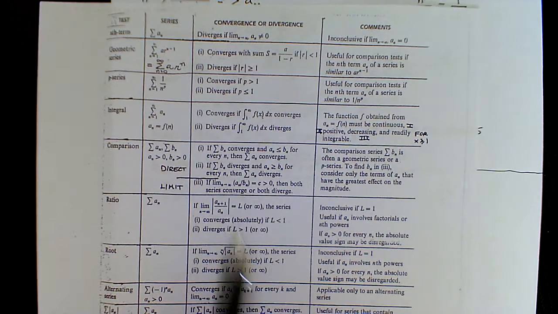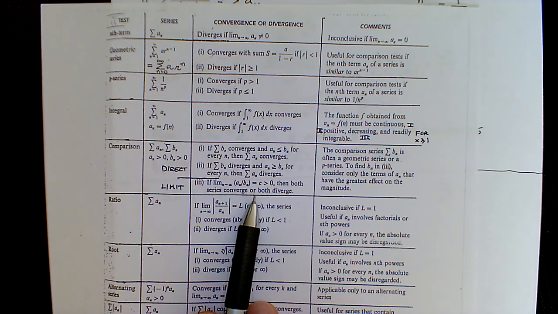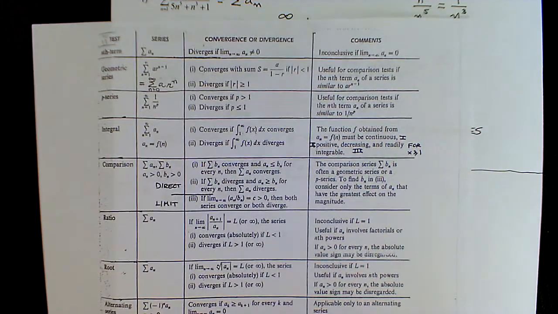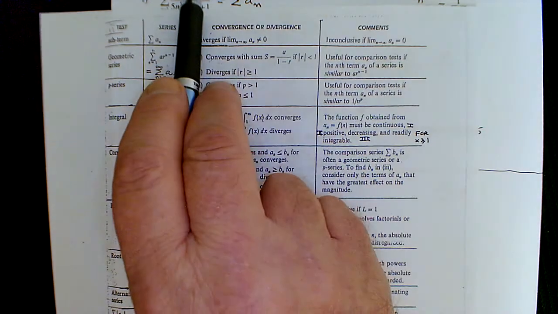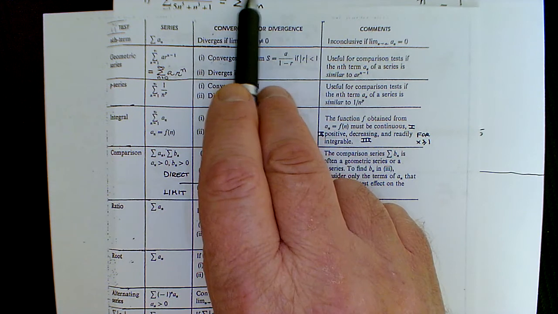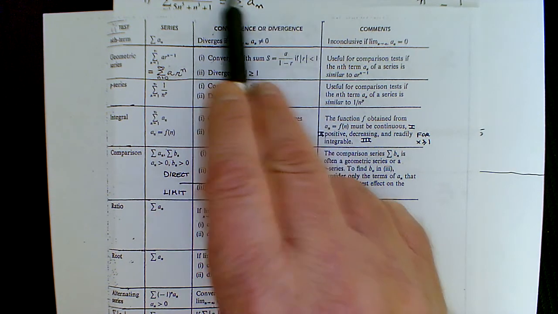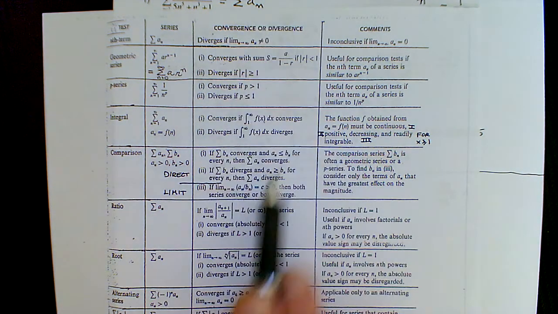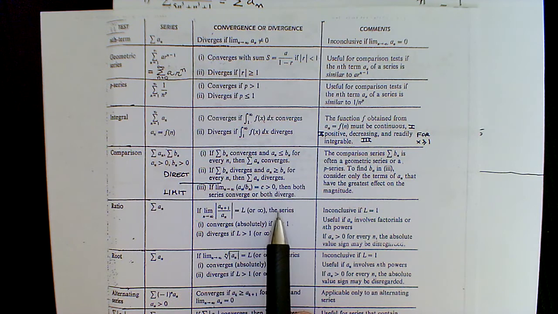So, when you take the exam, I'm going to be deliberate, and I will tell you the type of test to use. So get familiar with this table, because I'm allowing you to bring it into the final exam with you.